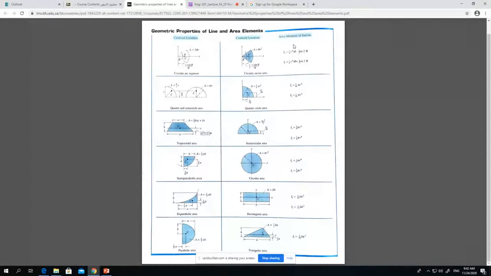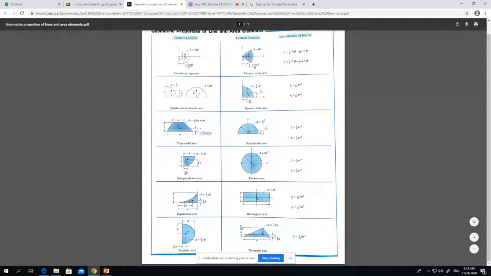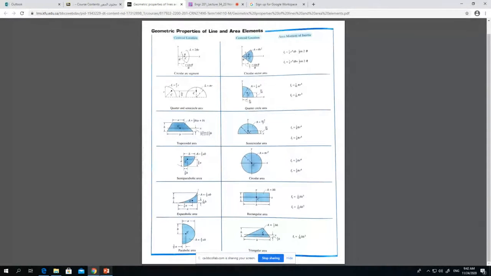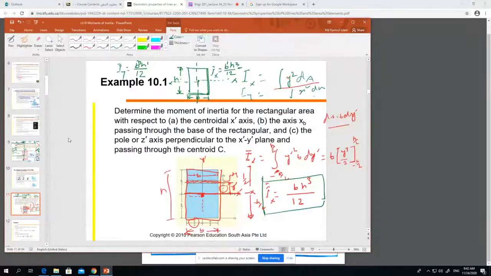So this side is telling you the area moment of inertia, and this side is telling you the centroid location, right? Here I have shown only one proof, how to find the moment of inertia for a rectangle.